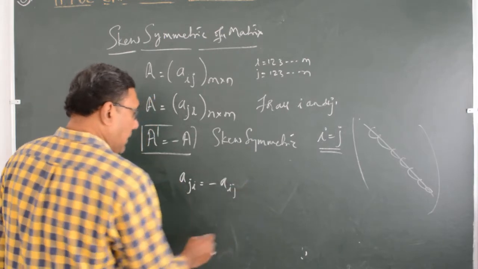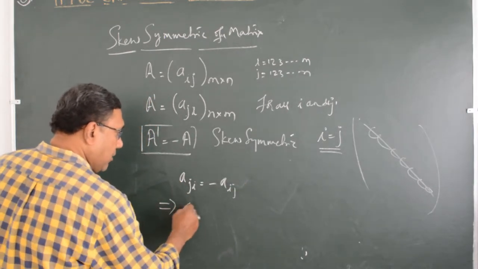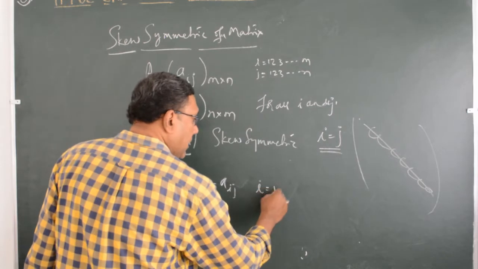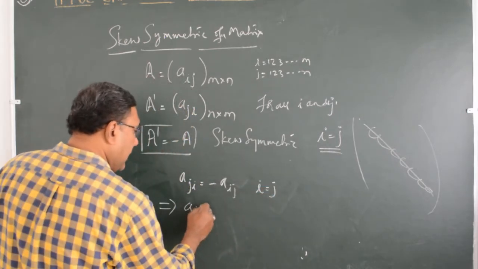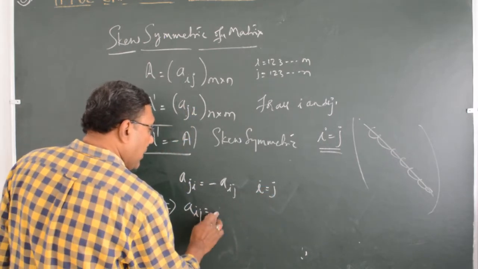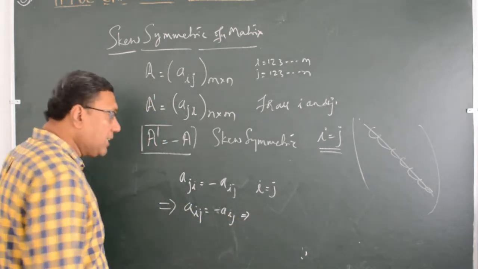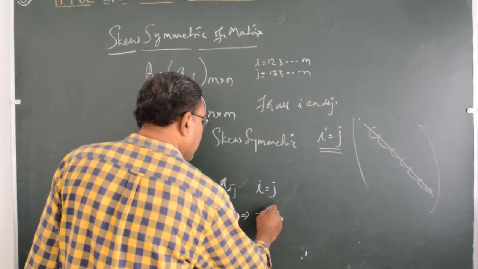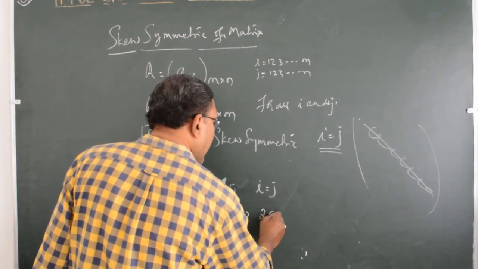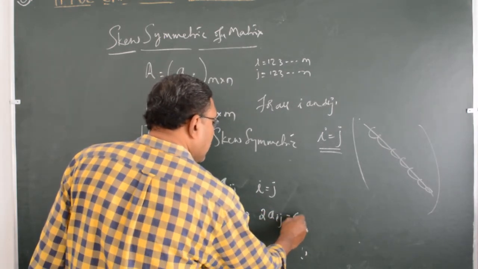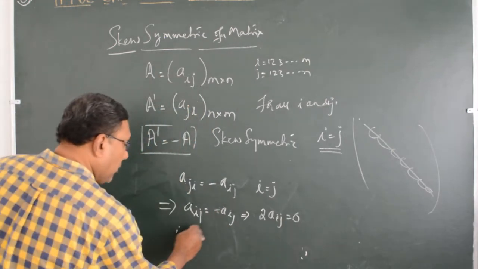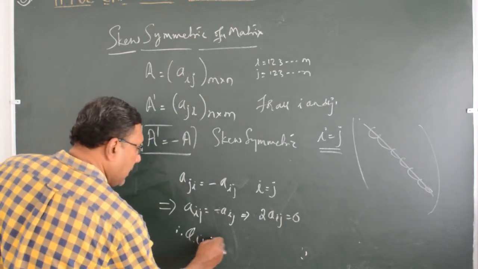This implies when i is equal to j, a_ij becomes minus a_ij. This implies 2a_ij is equal to 0. Therefore, a_ij is always 0.